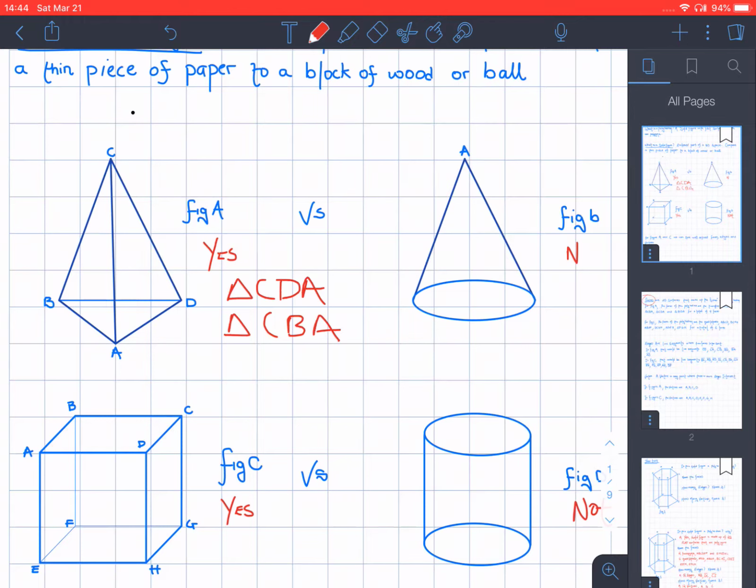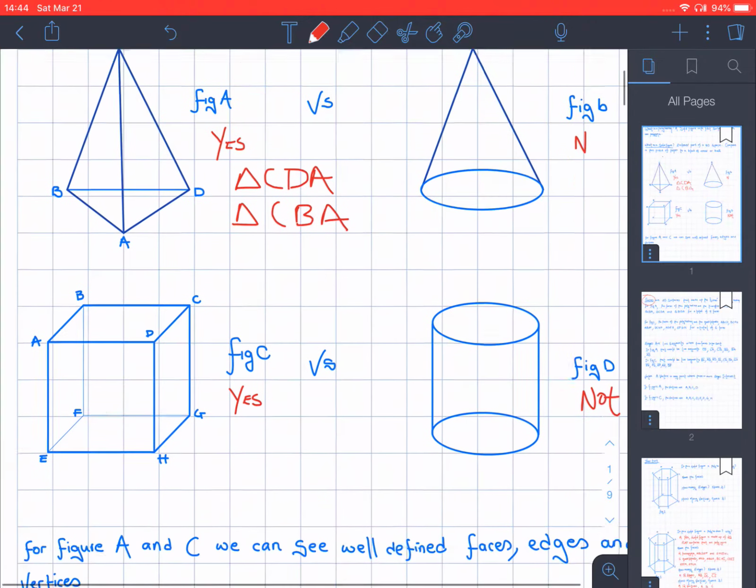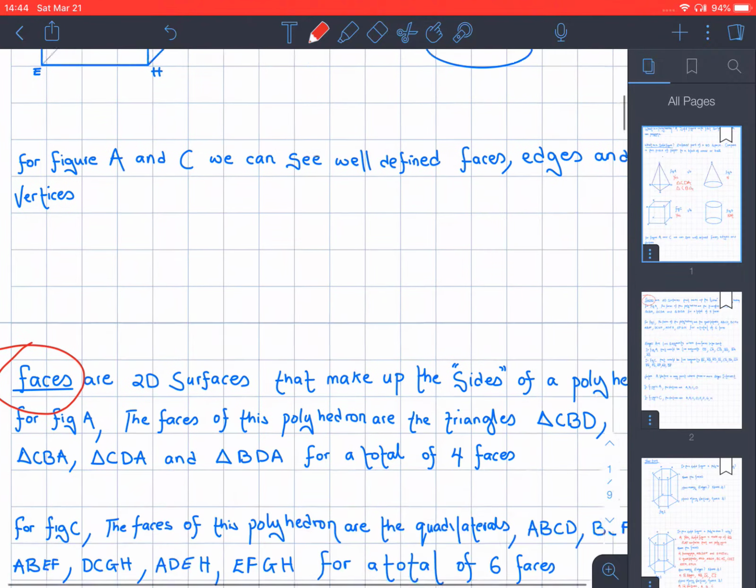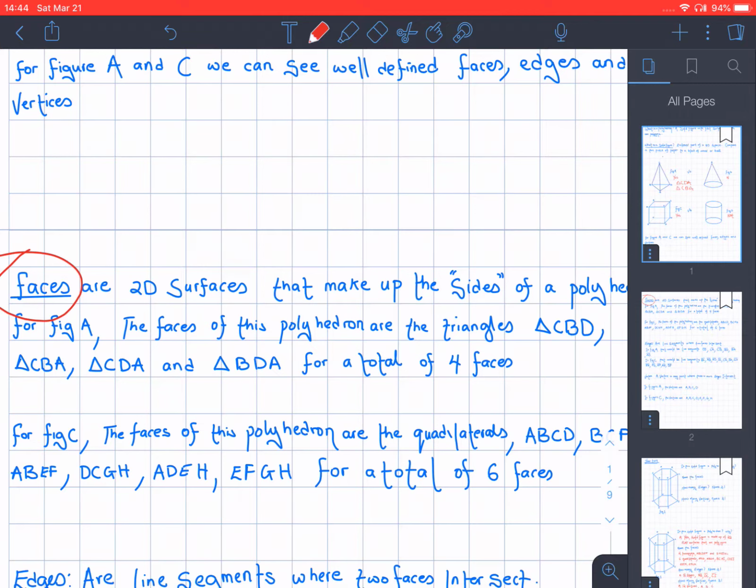We can see triangle CBD. And these triangles are very well defined. They're flat surfaces and they make up the sides of that pyramid. So we can call them the faces of figure A, or the pyramid. So we have four faces. I wrote in there CBD, CBA, CDA, and BDA.